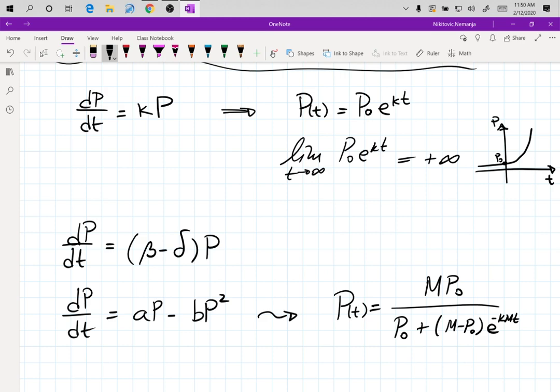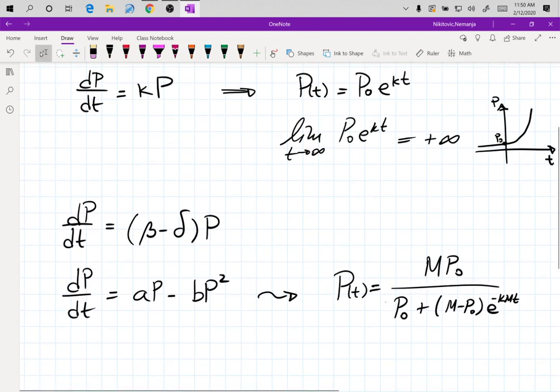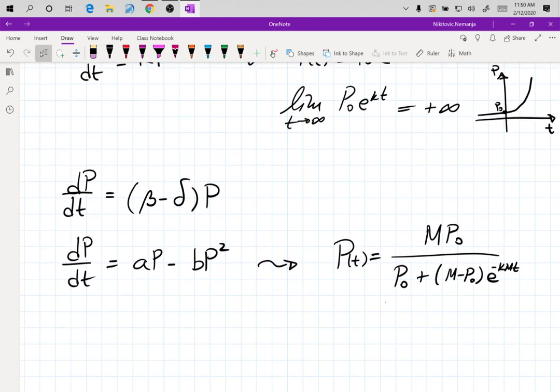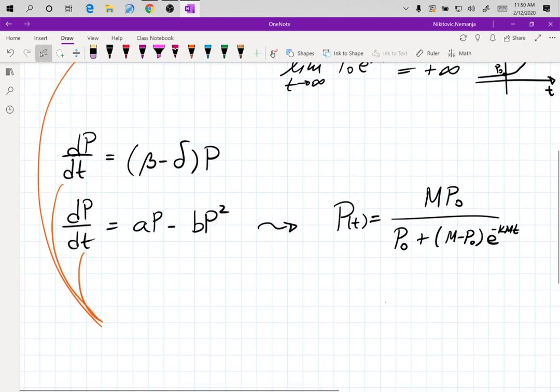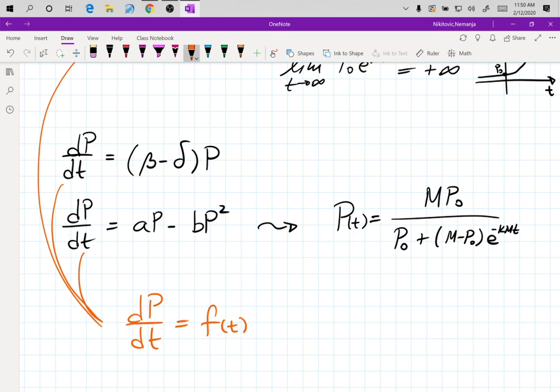And all of these formulas here that you see are from the same family of differential equations. So all of these, this one, and this one, belong to the same family of dP/dt is equal to some function of time.